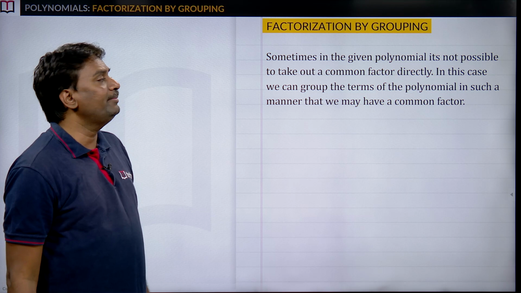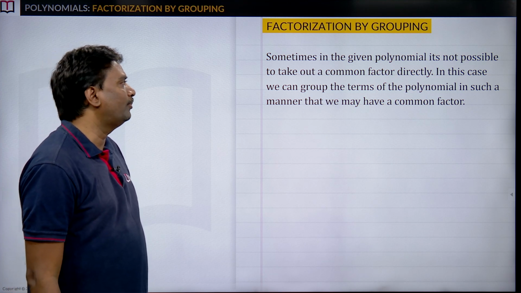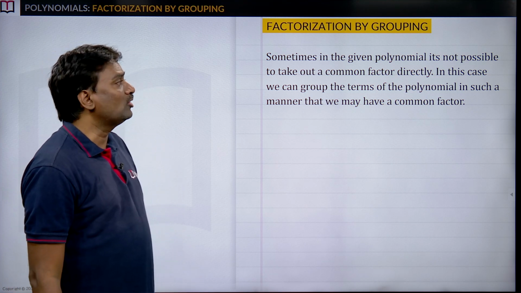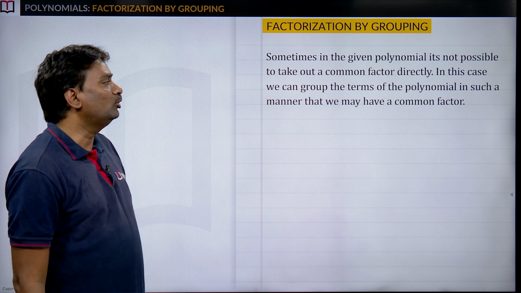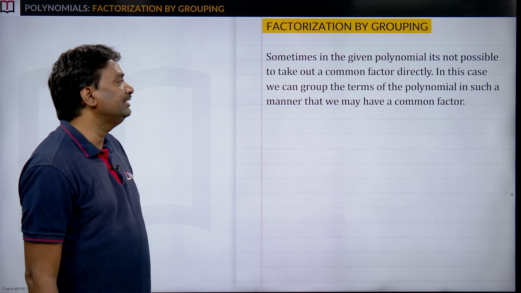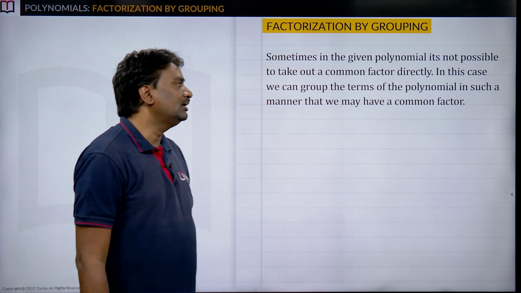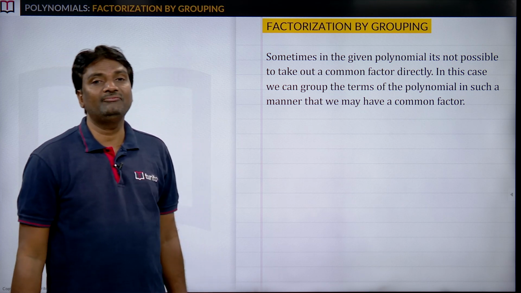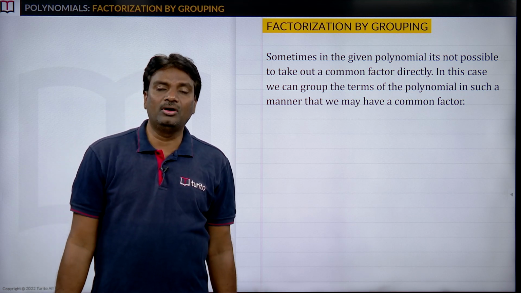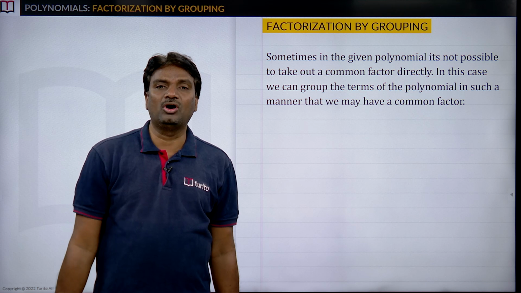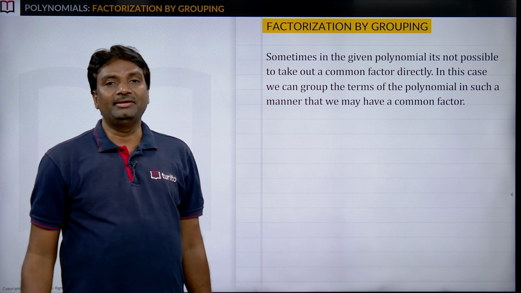Sometimes it is not possible to take out a common factor directly. In this case we can group the terms of the polynomial in such a manner that we may have a common factor.